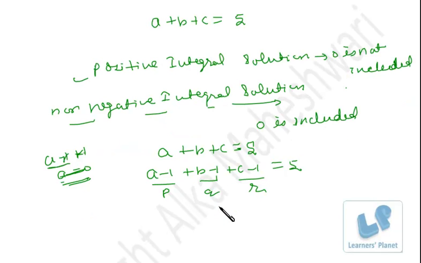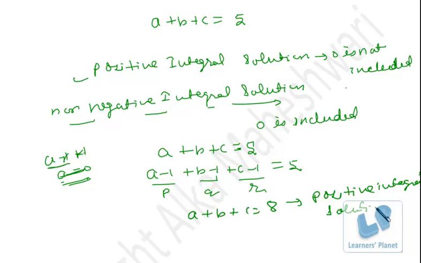So for this equation, that is a minus 1 plus b minus 1 plus c minus 1 is equal to 5, that means a plus b plus c is equal to 8. I have to get the positive integral solution, right? Why am I getting the positive integral solution now? Because I have already deducted 1 from each of them. So if I distribute numbers to them, since 1 is already deducted, if they are getting at least 1, they will be getting a 0 solution. Okay.